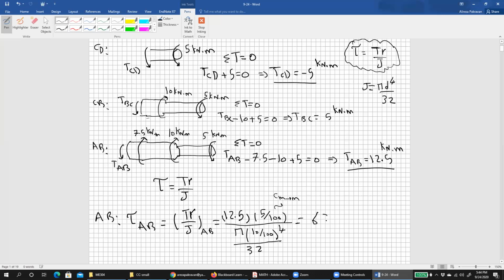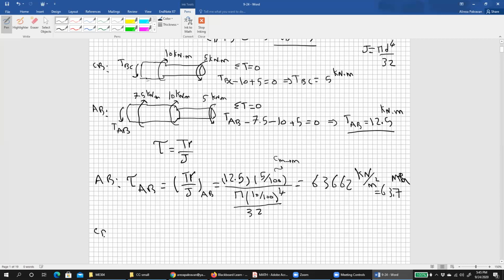If we solve this, the answer is in kilonewton per meter squared, or we can divide by 1000 to get 63.7 megapascal, since kilopascal divided by 1000 gives megapascal.